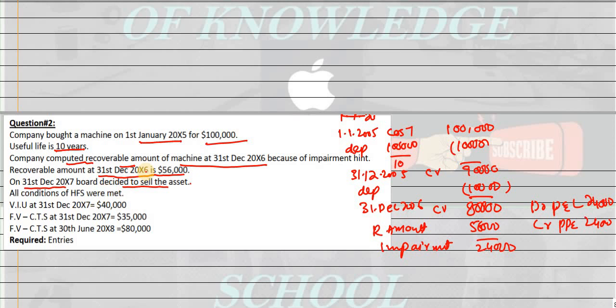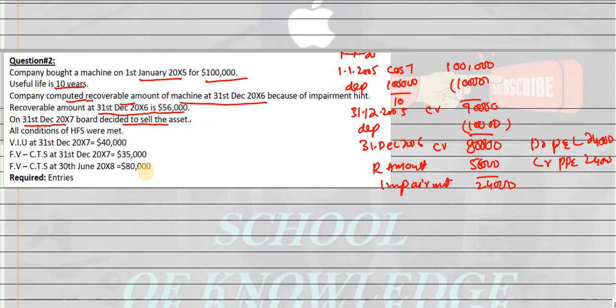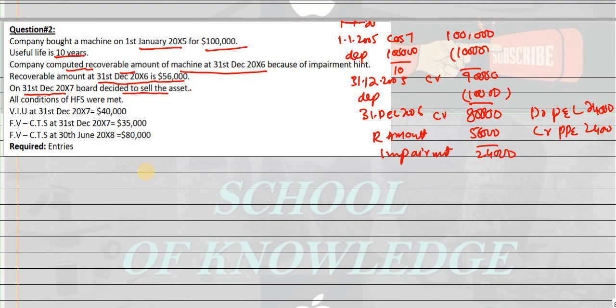Now you see the board decided on 31st December 2007, so we have to continue the depreciation on the new amount, and the new amount is 56,000, and on this amount, the remaining useful life is 8 years, so depreciation will be 7,000.